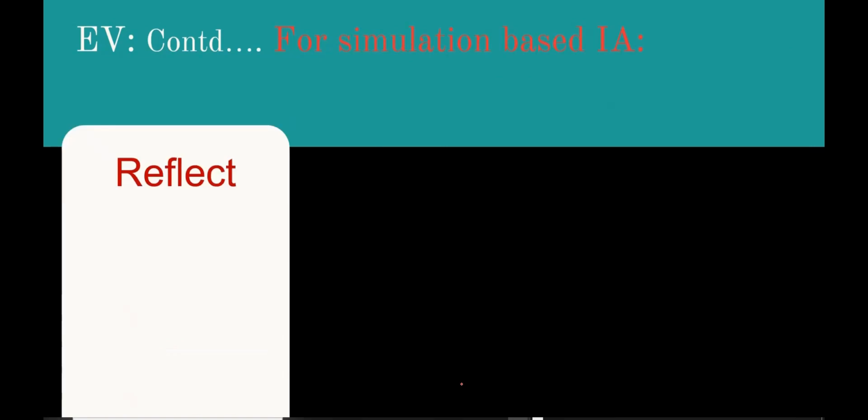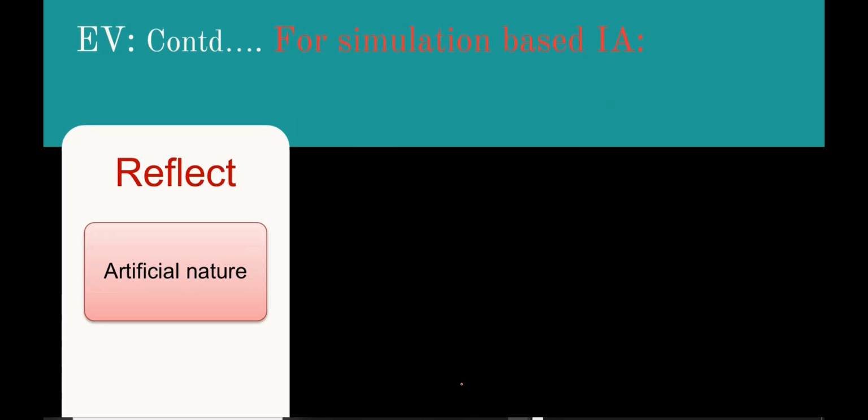Now, how to evaluate simulation-based IA? For strand 1 and 2, follow the same approach. While working for strand 3, for simulation-based IA, the following points should be addressed. First one, reflect. Reflect on what?